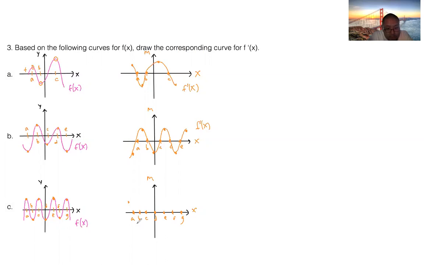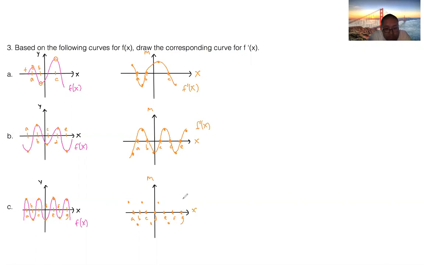Between A and B, it's decreasing. Between B and C, it's increasing. Between C and D, it's going to be decreasing, so it's negative. Between D and E, it is increasing, so it's going to be a positive slope. Between E and F of x is decreasing, so your slope is negative.